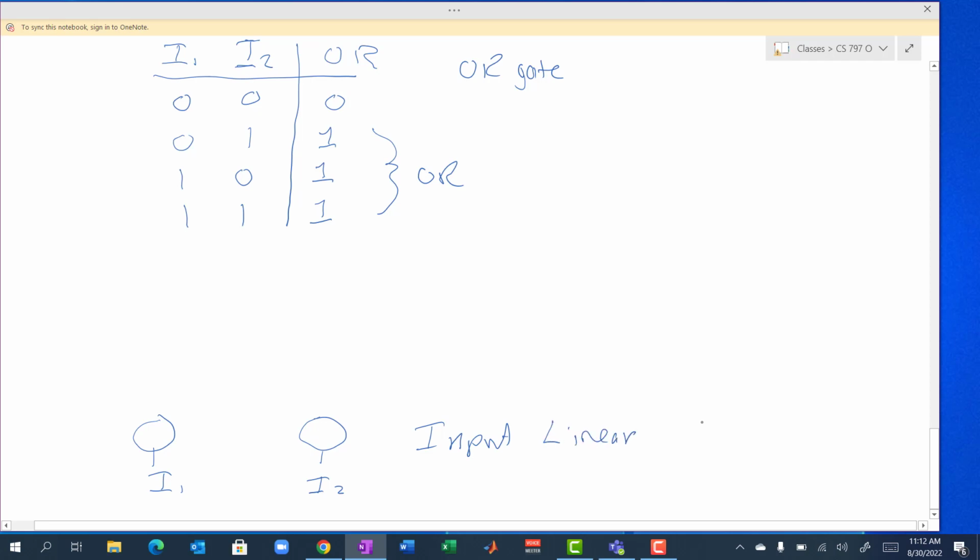So they have the linear activation with a slope of 1, so what goes in comes out. And let's add an output neuron. And it's going to be a hard threshold. And the threshold is going to be set to 0.5. So if the input's greater than or equal to 0.5, it's going to output a 1.